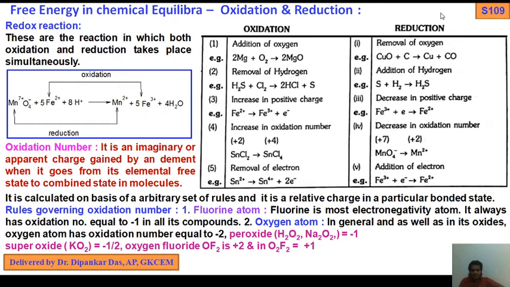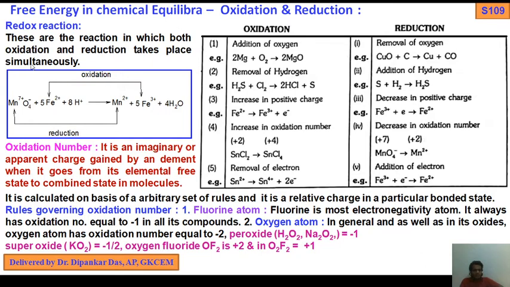These are the concepts of class 10 level: addition of oxygen, removal of oxygen, removal of hydrogen, addition of hydrogen. But we should remember that oxidation means loss of electron and increase of oxidation number. Reduction means gaining of electron and decrease in oxidation number.